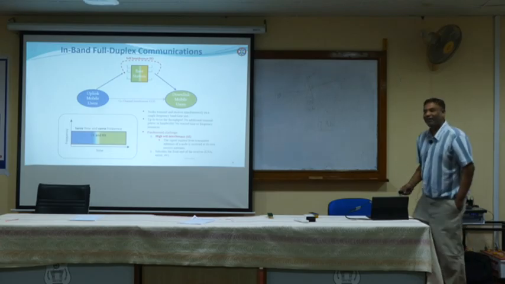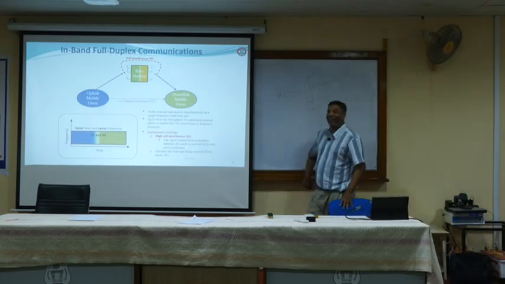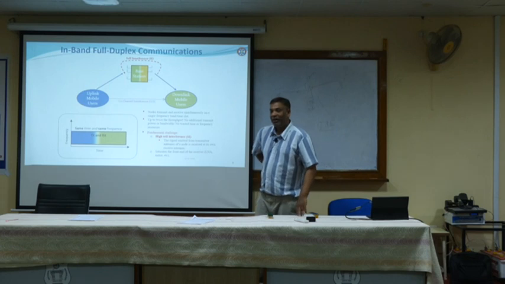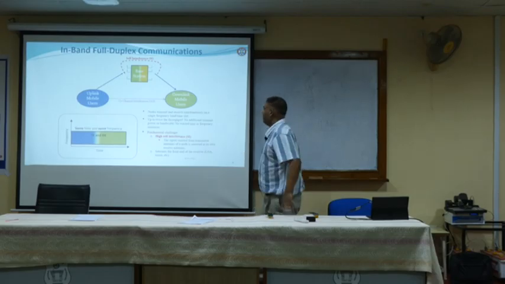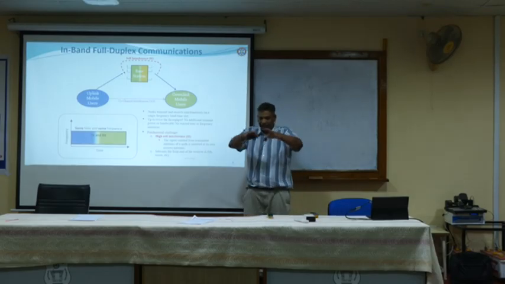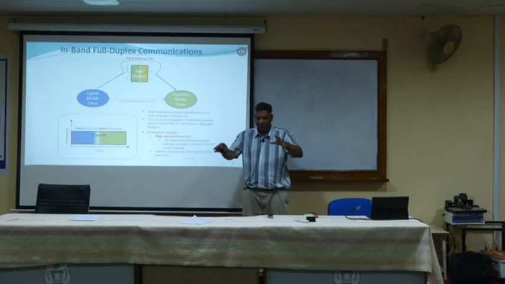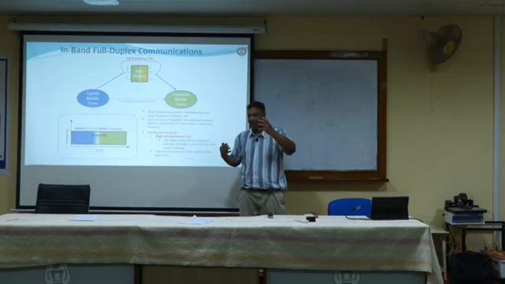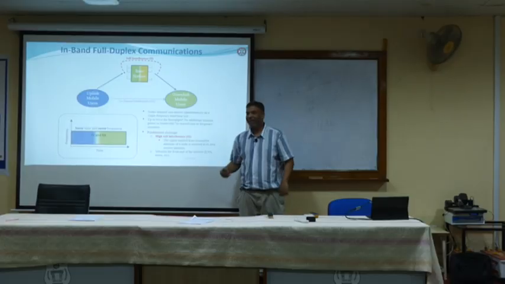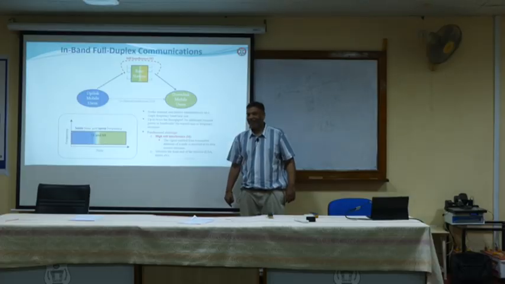Any question? For example, in a cellular system, some of the users are sending information and some of the users are receiving information. If I am a cellular user, I transmit and I receive, so I am using a full duplex channel.